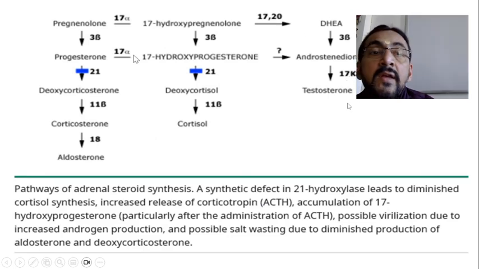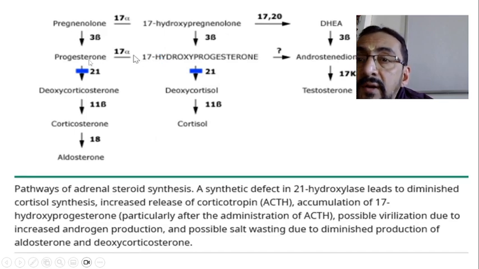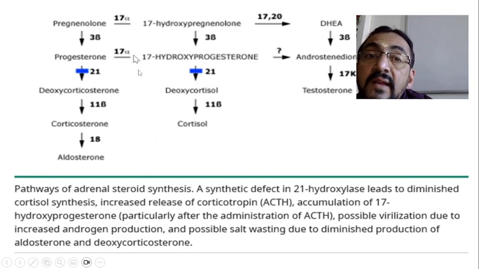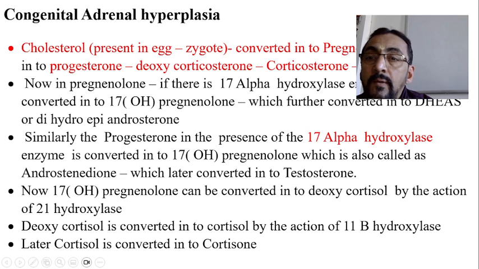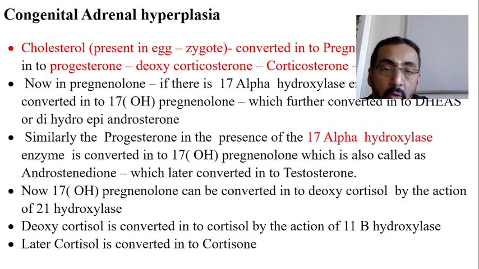So for the formation of testosterone and estradiol, pregnenolone is important, progesterone is important, the 17-alpha hydroxylase enzyme is important, and other enzymes required in the different steps are also very important. So this is the message.